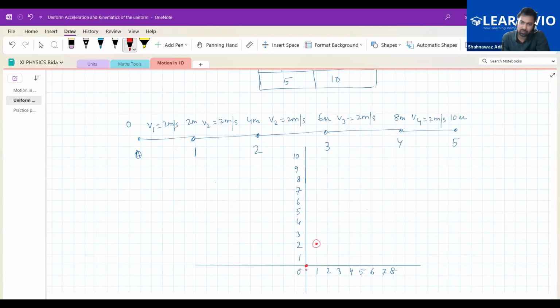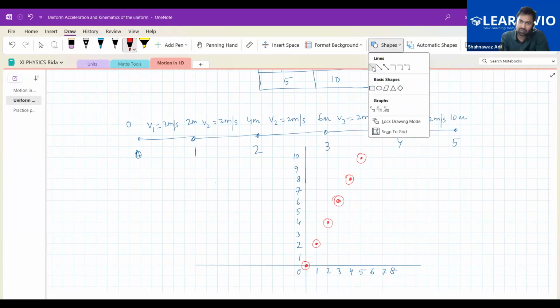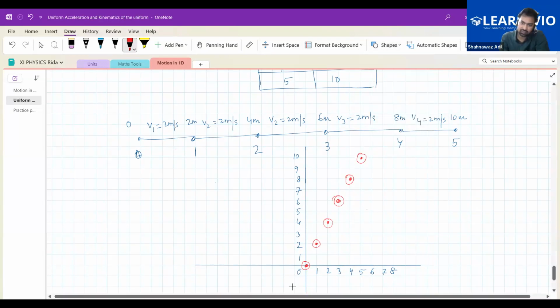And then we have 2, comma 4. This is here. We have 3, comma 6. This is here. And then we have 4, comma 8. And then 5, comma 10. So we can see, what kind of graph is this? Straight line.